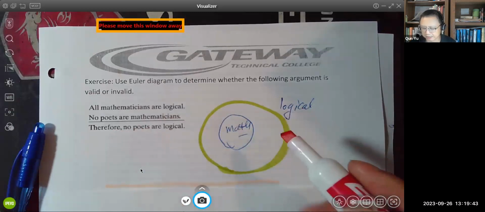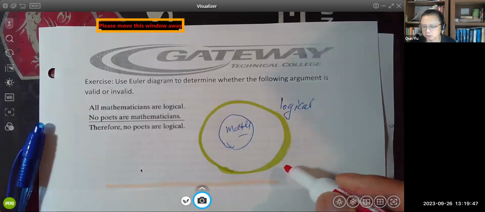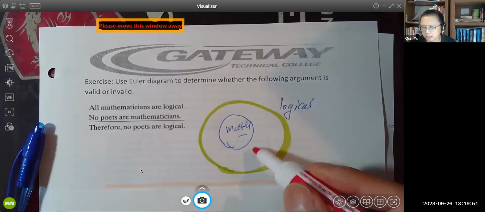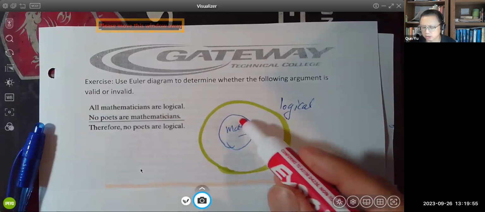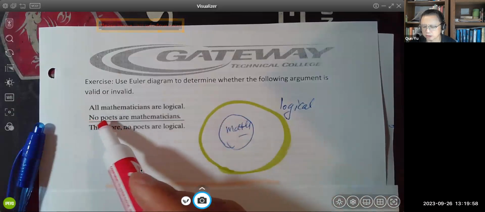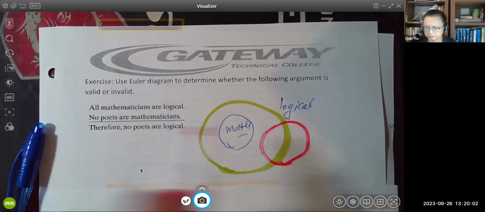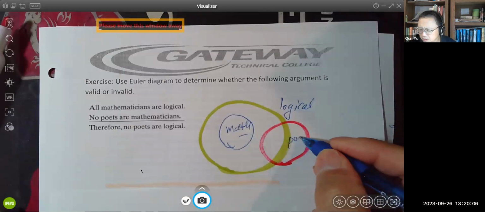But I want to go against that. I can draw this partially overlapped with the green circle so that it's not entirely outside. I can even draw it inside the green circle. As long as I don't touch this blue one, I'm good for the second premise. So either way is okay. So I just draw it this way. This is my poets circle.